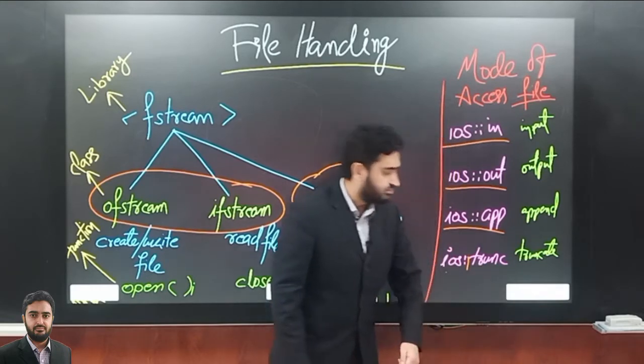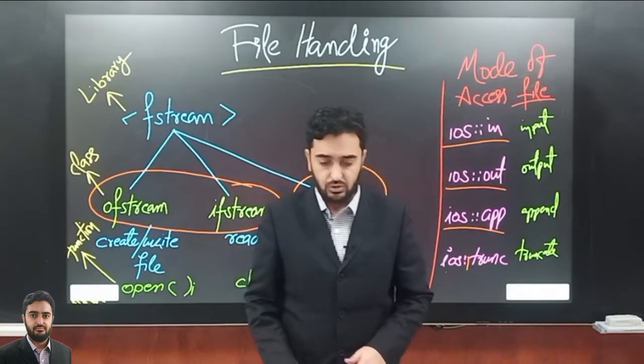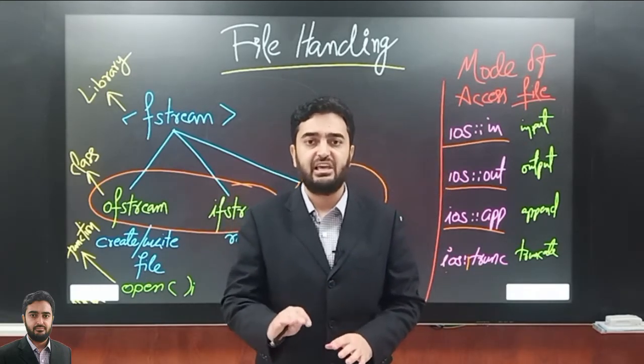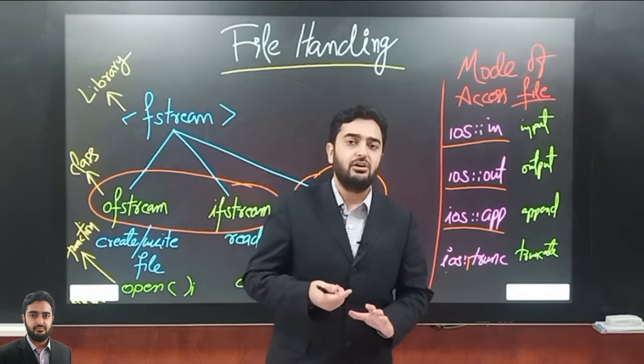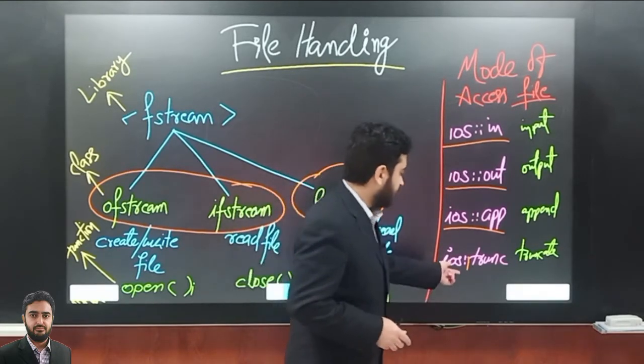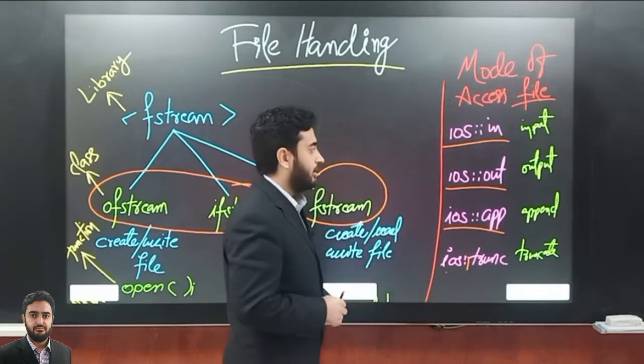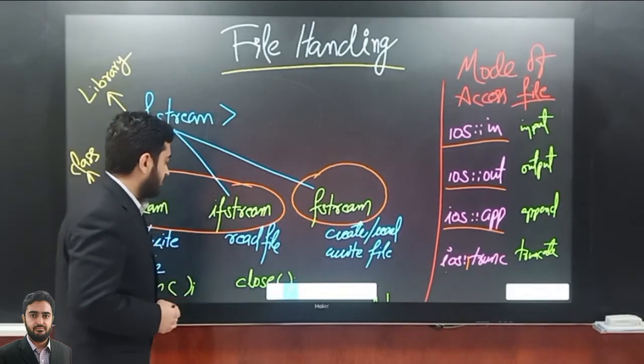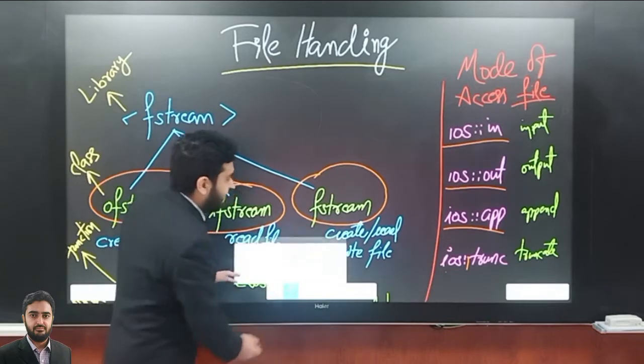Trunc is used to truncate the file, so if you want to delete everything in the file and then write something new, you can use this property while opening the file.